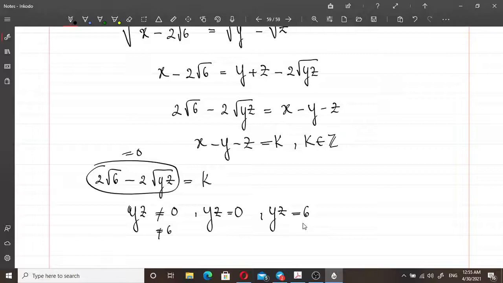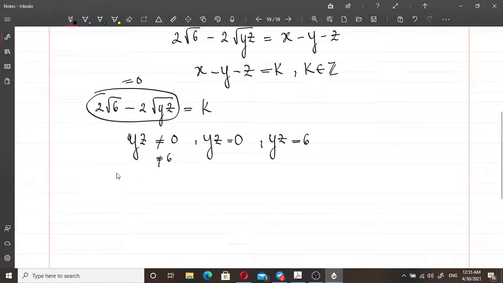In this case, 2 square root of 6 minus 2 square root of y z is equal to k. This equation has roots if and only if y z is equal to 6.